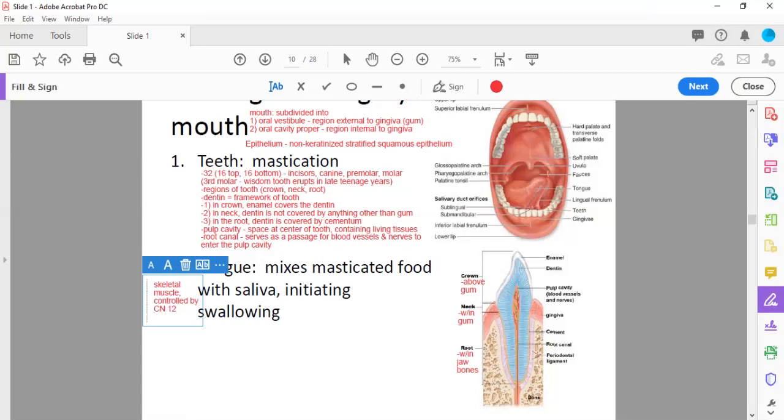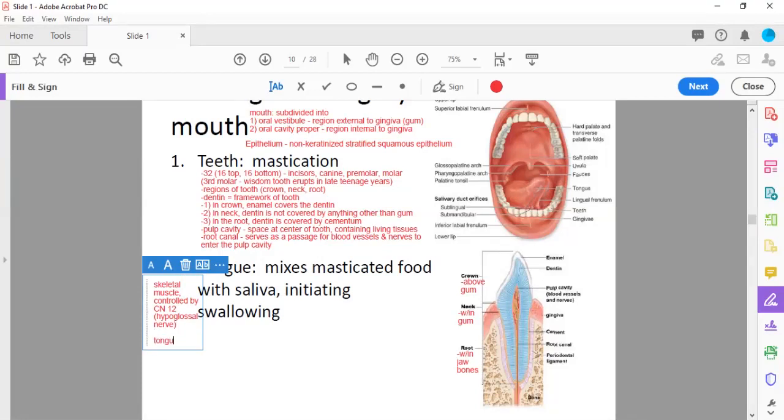What is CN12? Hypoglossal nerve. Okay, very good. The tongue mixes masticated food with saliva, initiating swallowing. Now, also, I want you to know the tongue also contains taste buds.